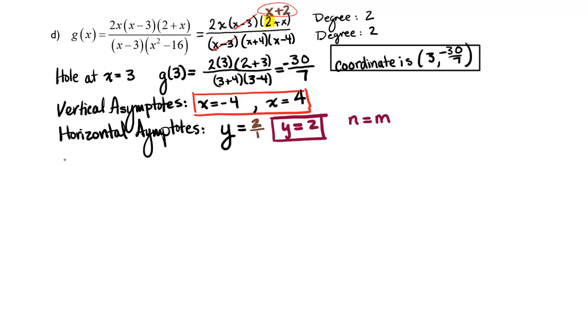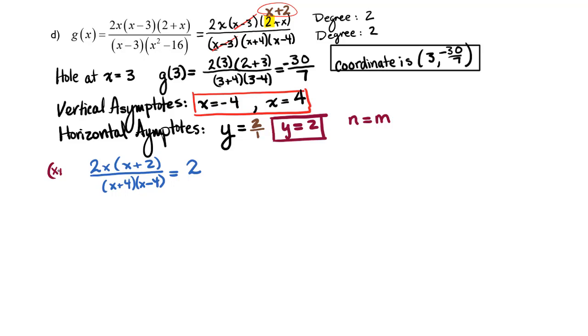Since we now have a horizontal asymptote, we can check to see where the curve will cross it, if at all. So we'll take 2x times (x plus 2) over (x plus 4) times (x minus 4), and we will set that equal to the horizontal asymptote value of 2.